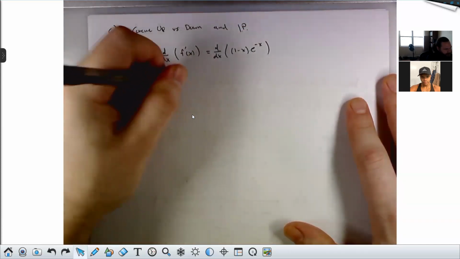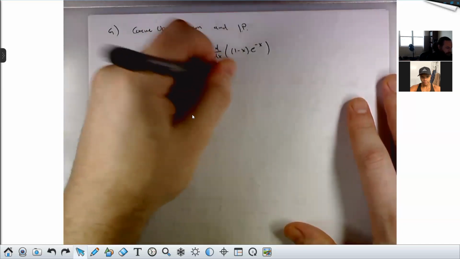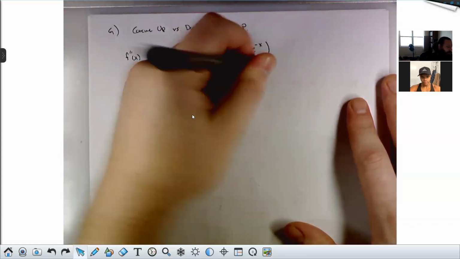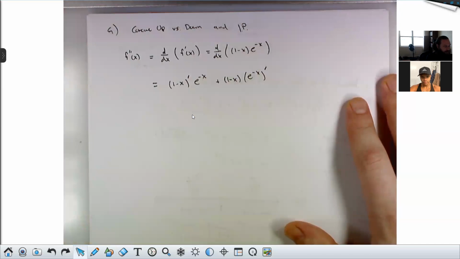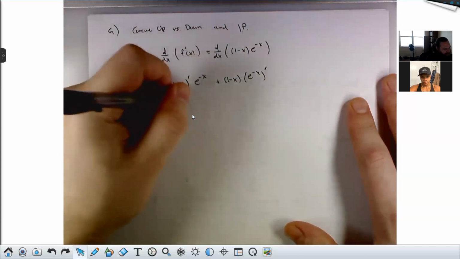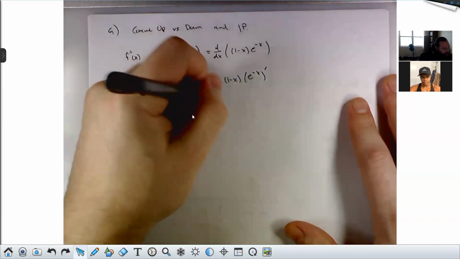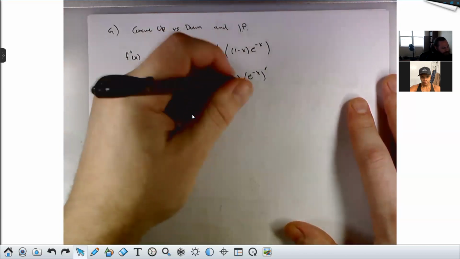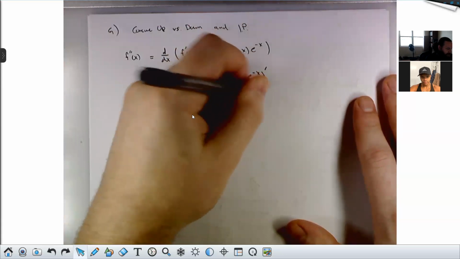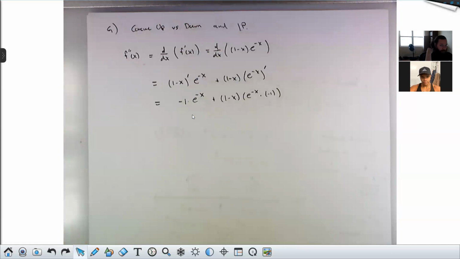So this is 1 minus x primed times e to the negative x plus 1 minus x times e to the negative x primed. The derivative of 1 minus x is negative 1. So I have negative 1 times e to the negative x plus 1 minus x times the derivative of e to the negative x. That is e to the negative x times negative 1, just like it was before. It's a little chain rule thing.